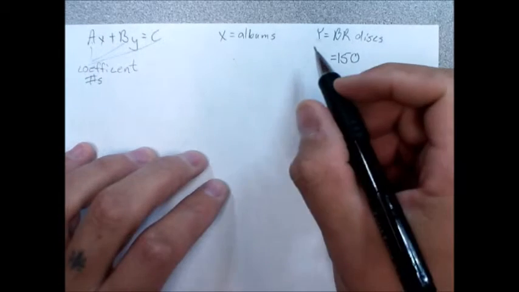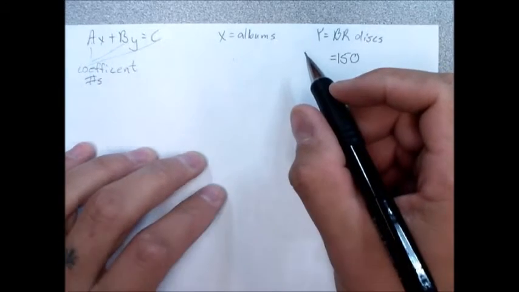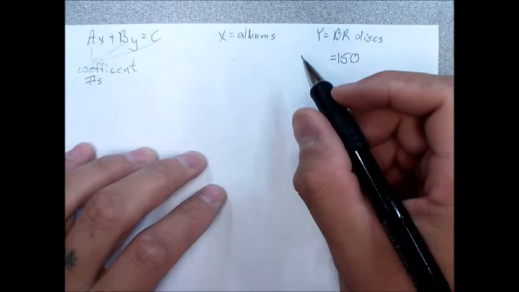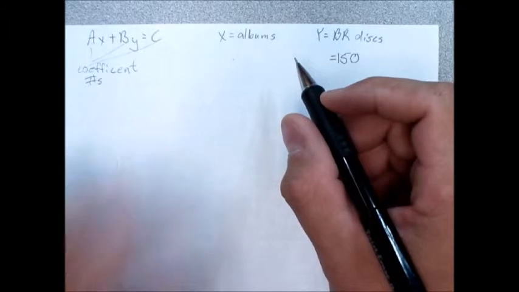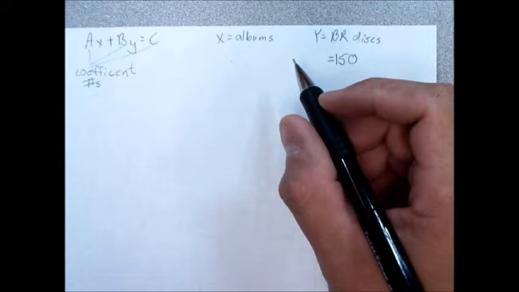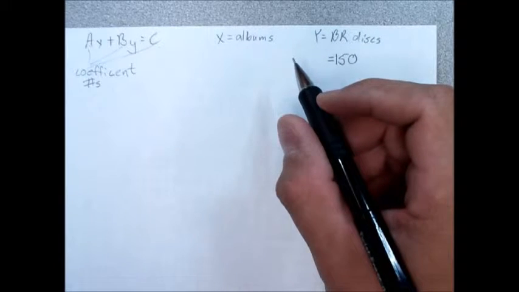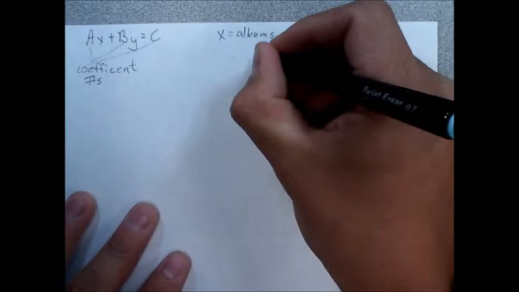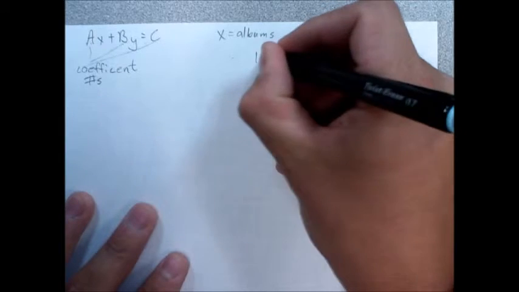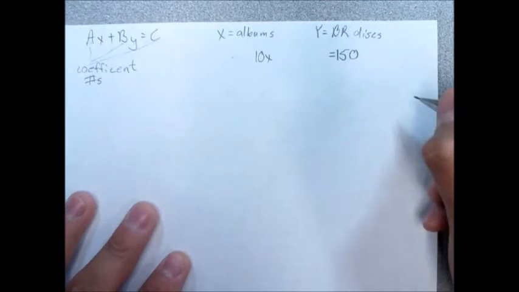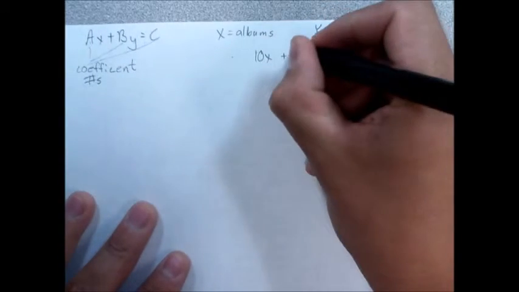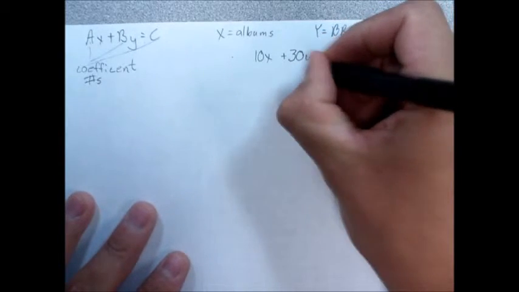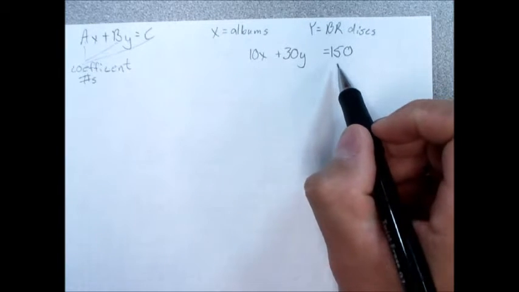She could buy only 5 movies, or she could buy 15 albums. But the equation needs to incorporate if she buys a mixture, right? So if she bought some albums at $10 a piece, and she bought some Blu-rays at $30 a piece, then she would have spent $150.